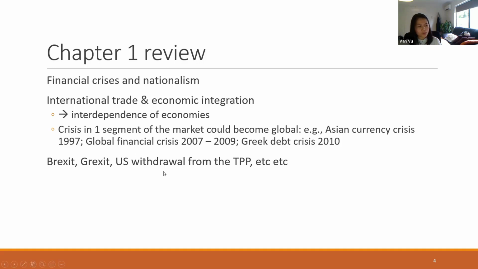And also the US has been withdrawing from different trade agreements like the TPP, and so on and so forth, right? So the important thing to think about here is what these trends tell you about why people are concerned about globalization, yeah?